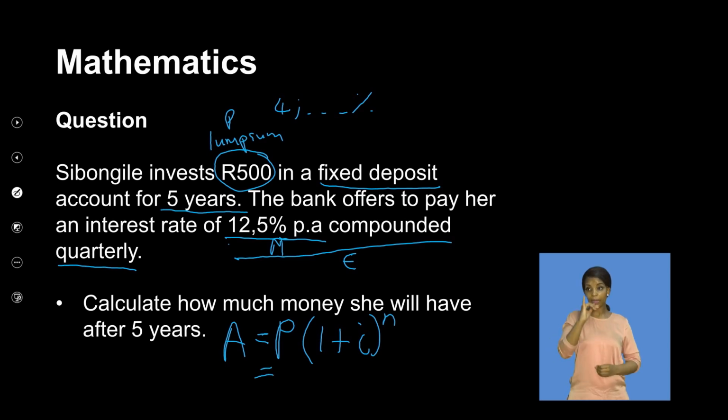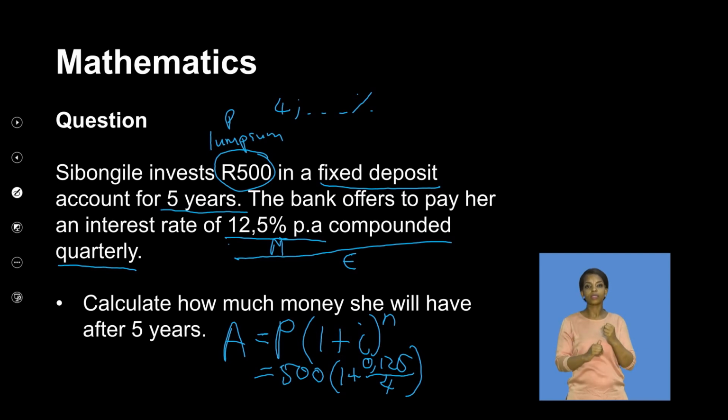And then my P, remember, will be the 500, and this will be multiplied by 1 plus, remember we said interest we don't use as a percent but as a decimal fraction, meaning it's going to be 0.125, but this is divided by 4 quarters, right? To the exponent of now 5 years, it means in every year.